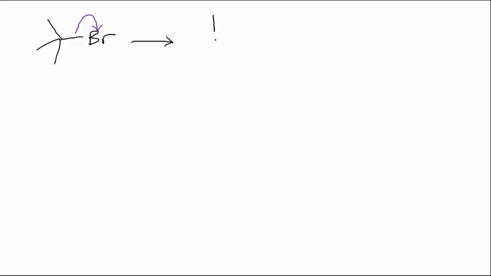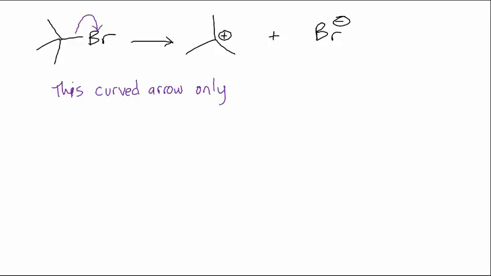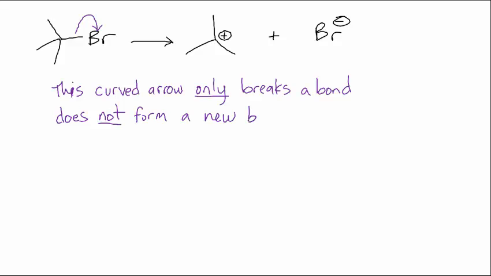So when you have a curved arrow like this, it only breaks a bond, does not form a new bond. There is no donor-acceptor interaction going on there.